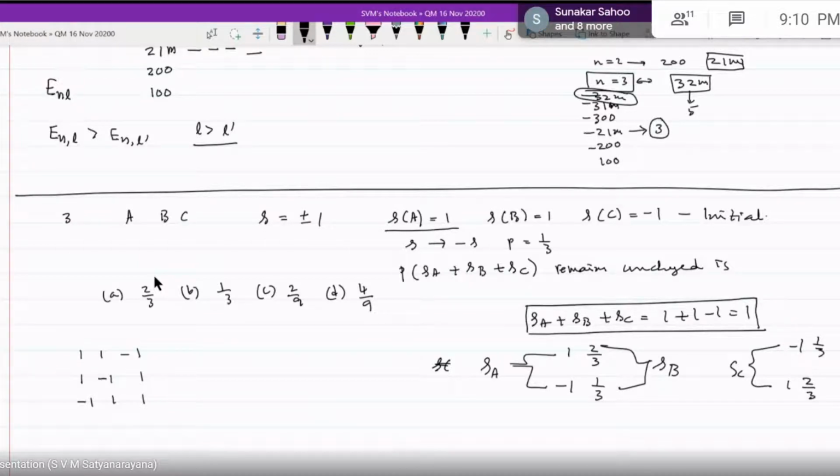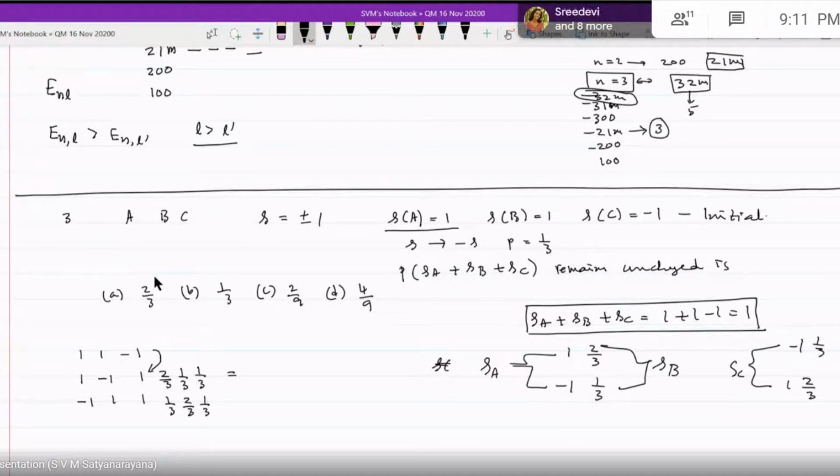So this is the initial microstate, and from this to this, what is the probability? 1 remains 1, so the probability is 2/3, 1 goes to minus 1 with probability 1/3, and minus 1 goes to 1 with probability 1/3. In the other case, 1 going to minus 1 is 1/3, this remains the same at 2/3, and the last one changes from minus 1 to 1.